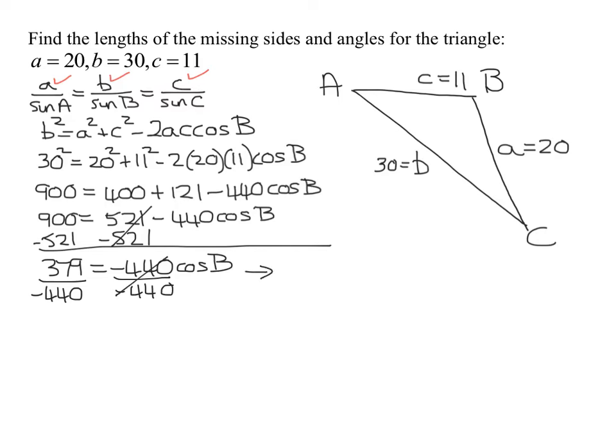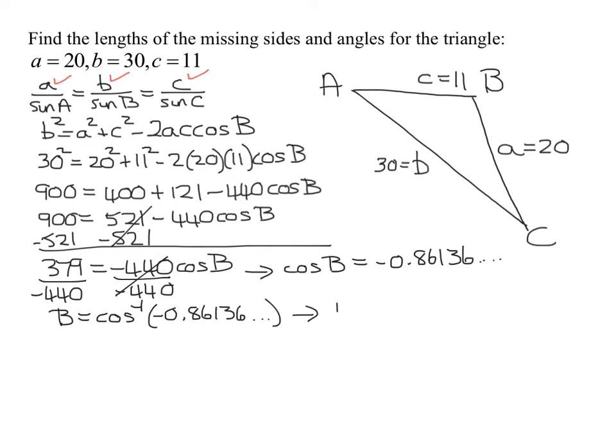And that is going to give me the cosine of B equals 379 divided by negative 440, which is negative 0.86136. So to find angle B, I'm going to have to use the inverse cosine function of negative 0.86136.